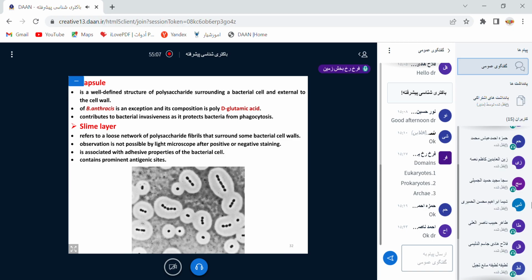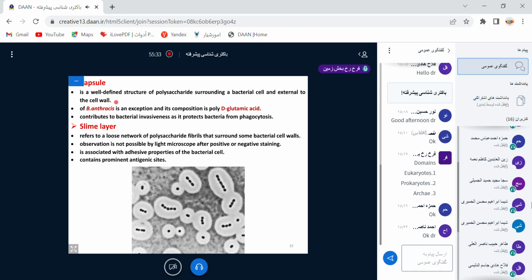Another and final thing is capsule. It is a well-defined structure of polysaccharides surrounding a bacterial cell and external to the cell wall.